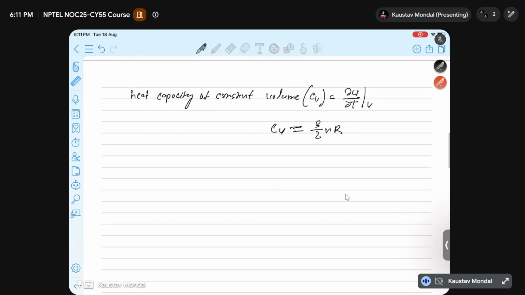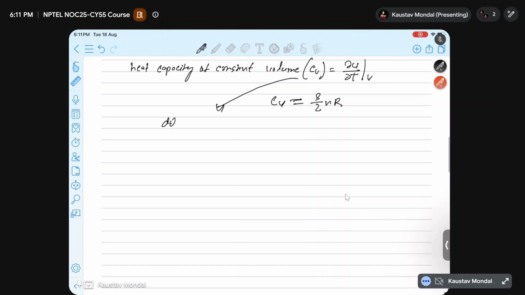And this expression of Cv basically comes from the first law of thermodynamics, dq equal to dU plus dw, or dU plus pdV. So at constant volume, we know dq would be equal to dU. We know Cv is nothing but dq by dT at constant volume. This we can write as dU by dT at constant volume.